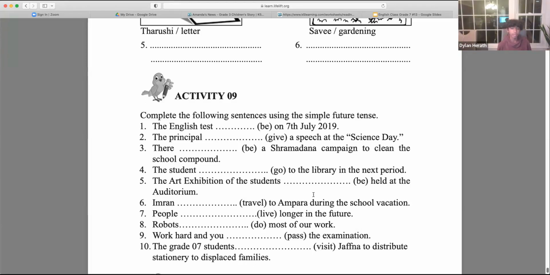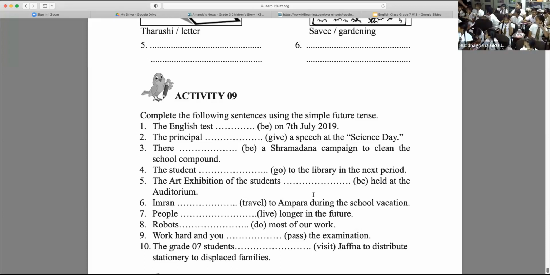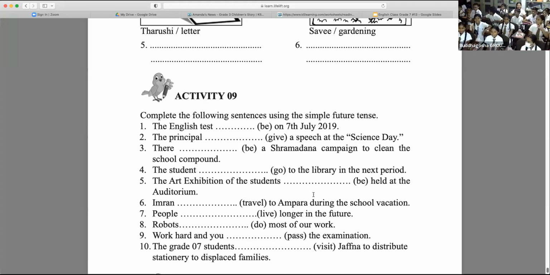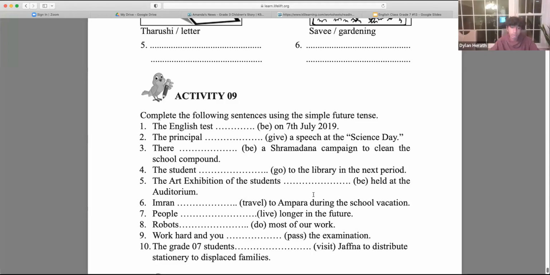Number 7. People blank live longer in the future. Yes, people will live longer in the future. How about number 8? Robots blank do most of our work. Yes, will do most of our work. I mean, that may or may not be true. Okay, number 9. Work hard and you blank pass the examination.